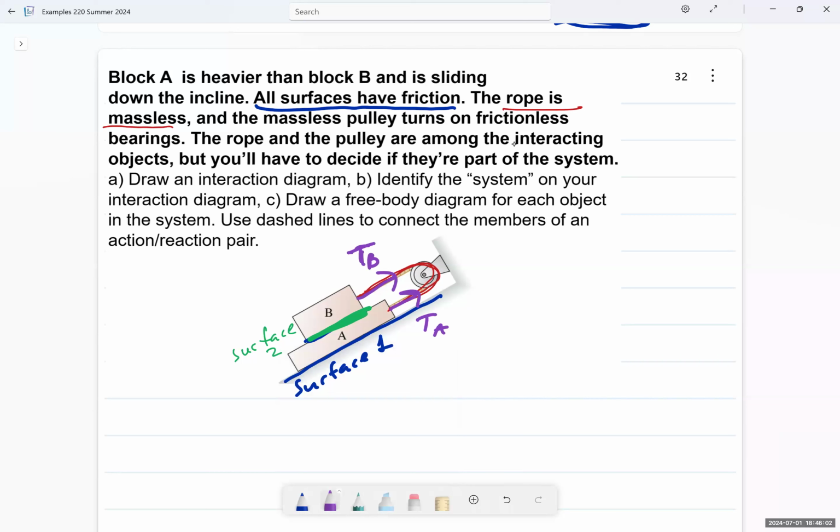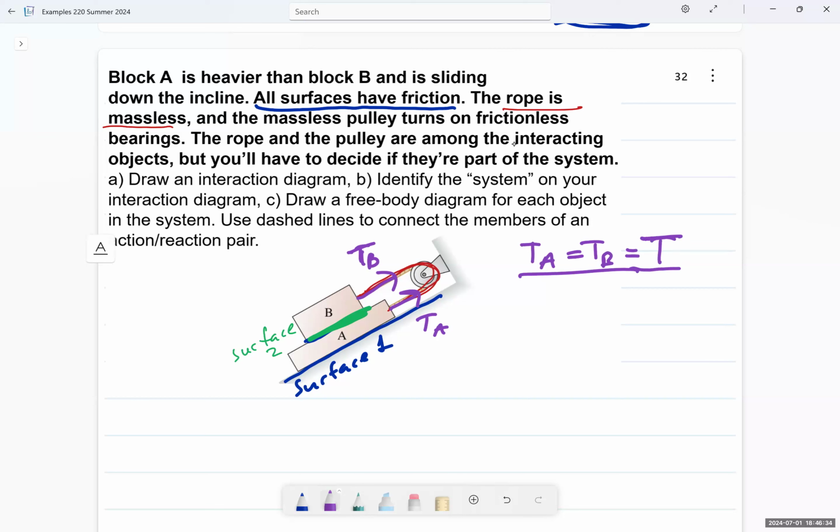Remember the force of the tension is always in the direction of the rope, right? But here we can just say that TA is equal to TB. That means the same tension force, same strength, acting on both A and B because it's exactly the same rope. But you have to look at it in terms of there's a force TB, there's a force TA acting on individual blocks. They just happen to be exactly the same strength. So at some point, we can just say this is just T because it's exactly the same tension.